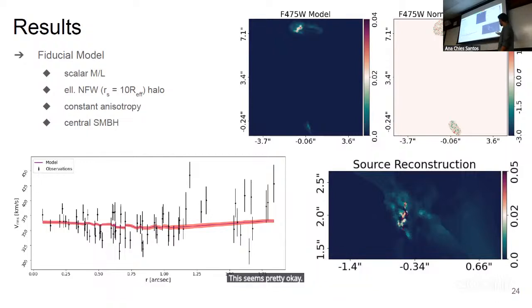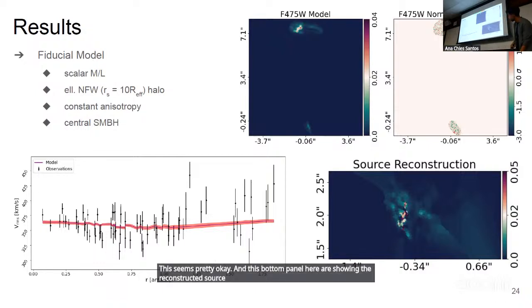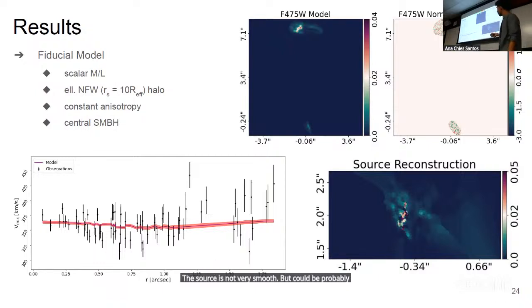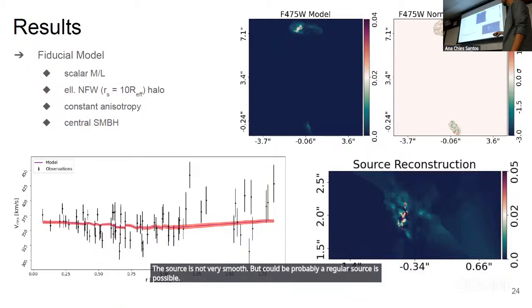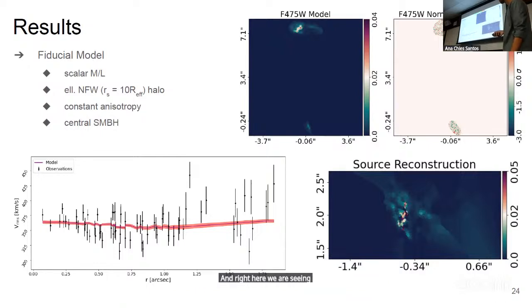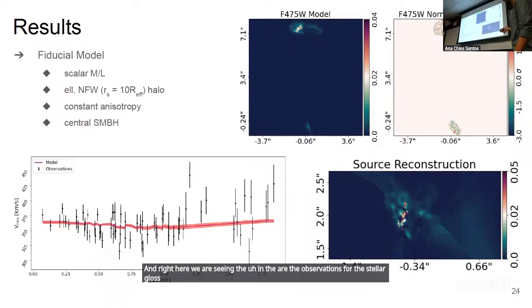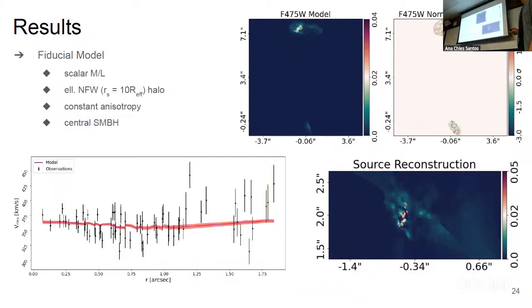The source is not very smooth, but could probably be an irregular source. This is completely possible. And right here, in black are the observations for the stellar velocity field, and this magenta line, that's not visible, is our model.